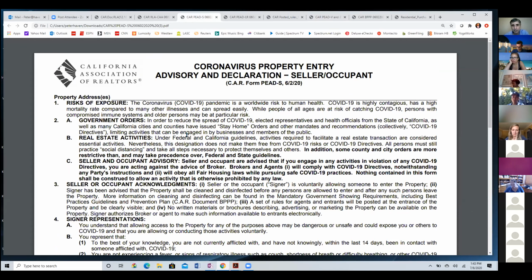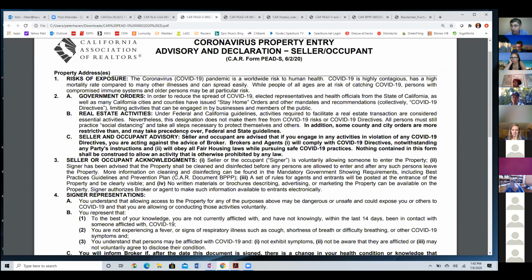The listing agent does request it typically, but a buyer's agent can request it as well. Buyer's agent can say, look, I haven't gotten a PEAD-S, have your seller sign this. So you might have a PEAD-S that was executed by your seller 21 days ago, and a buyer's agent may want to come in today, and he or she may say, well, listen, my buyers and I want a new PEAD-S from the seller. So that's a good way of dealing with that.